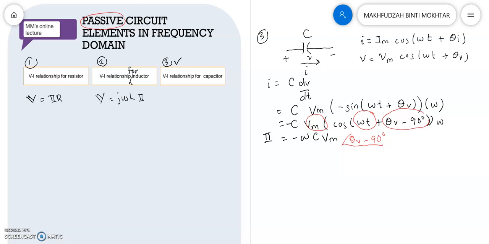Okay, so this is when we transform from the time domain to the frequency domain.